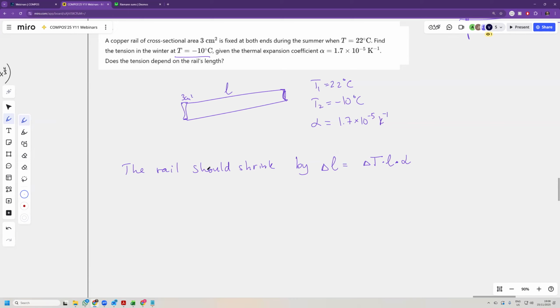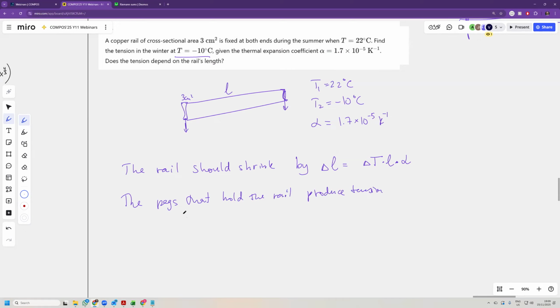This means that the pegs that hold the rail in place produce tension. So the rail is longer than it wants to be. The rail is trying to shrink. So what force do you need to keep it the same length?